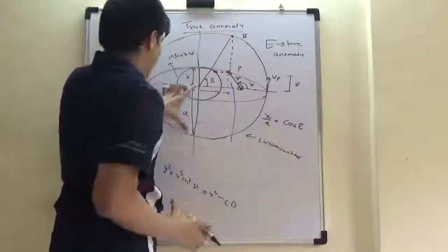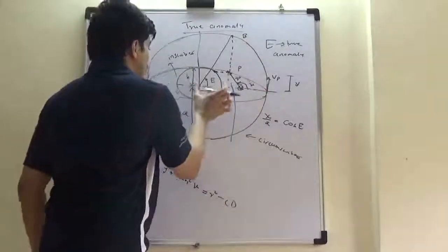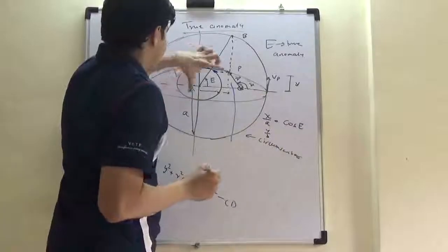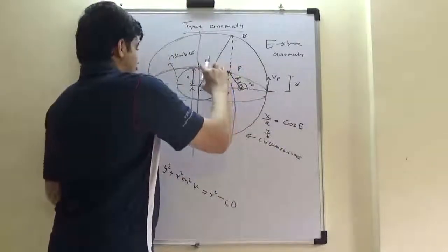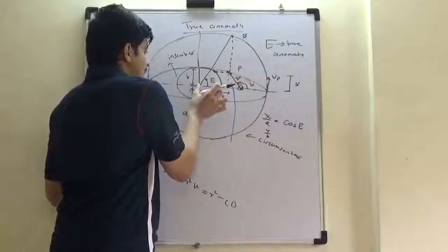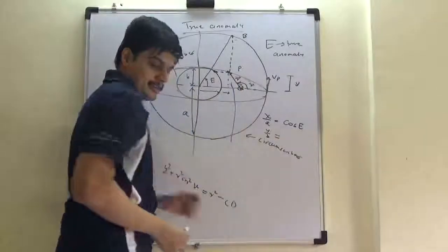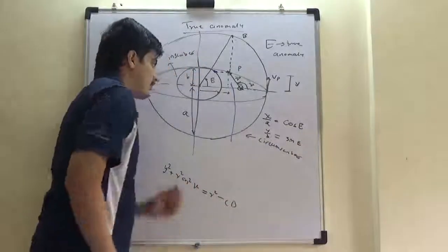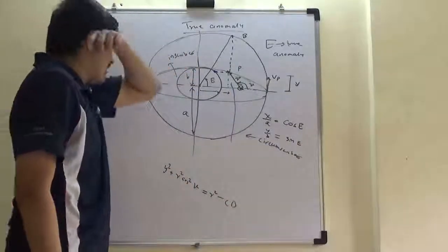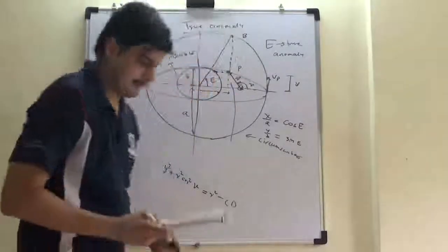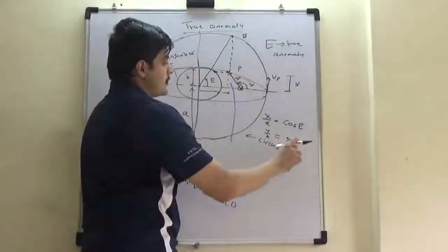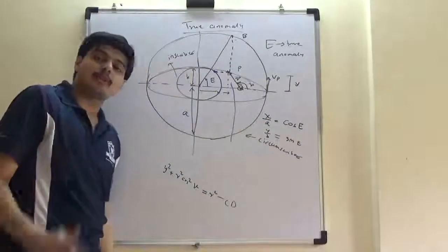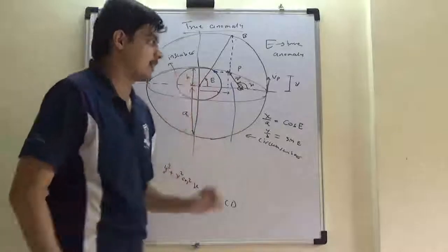So this is a, the radius of the circumcircle, so cos E is x upon a. And y by b, now what is y? Y. And what is b? B. So y by b is sine E. Are you able to clearly grasp this? Which means sine square plus cos square equal to 1 satisfies the ellipse again.